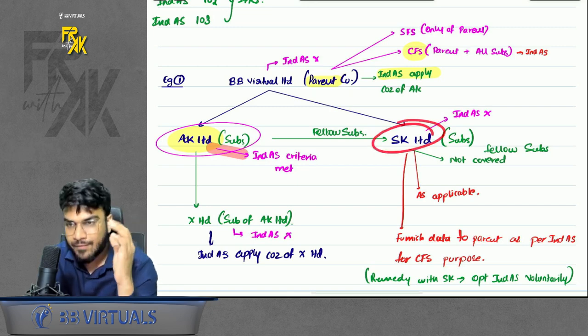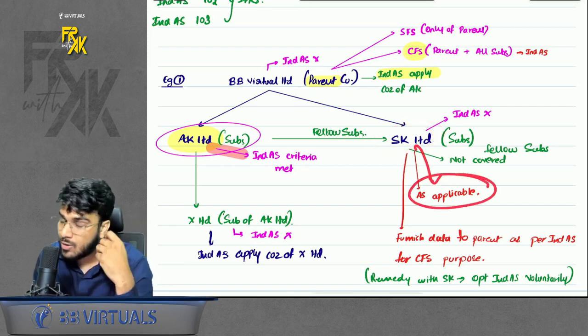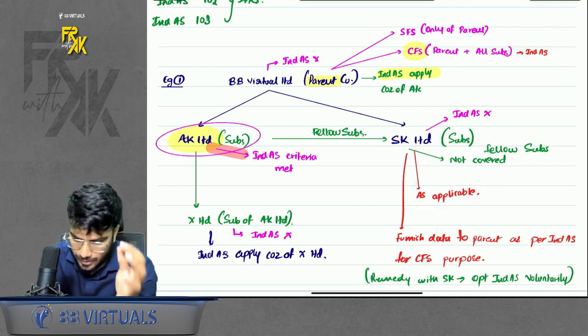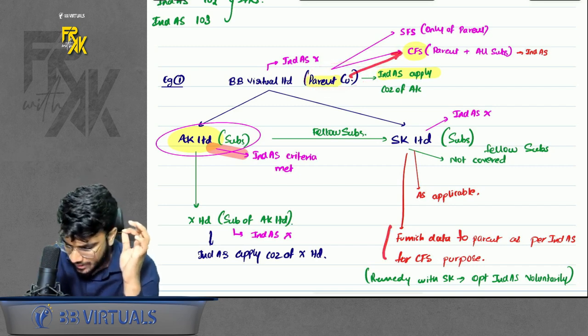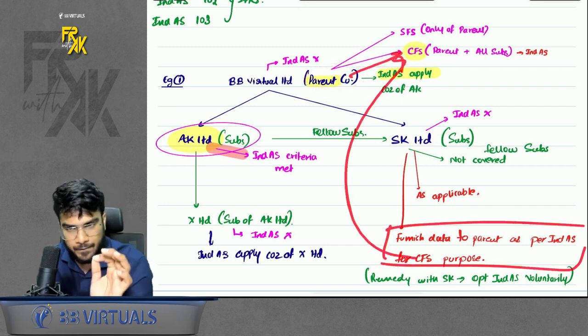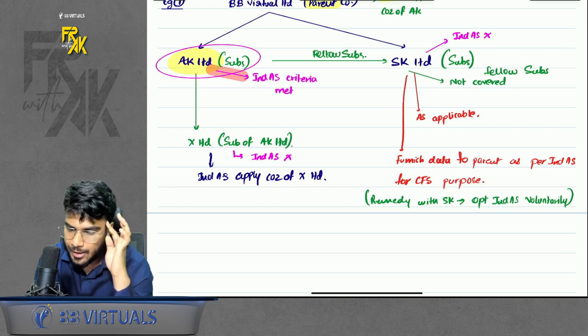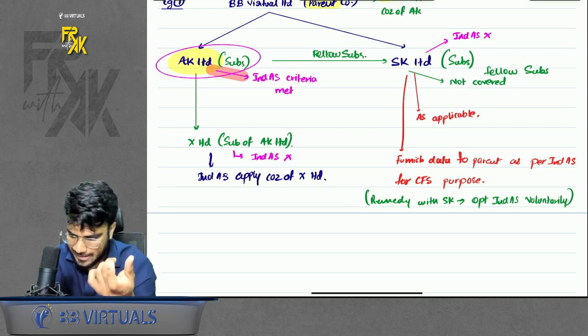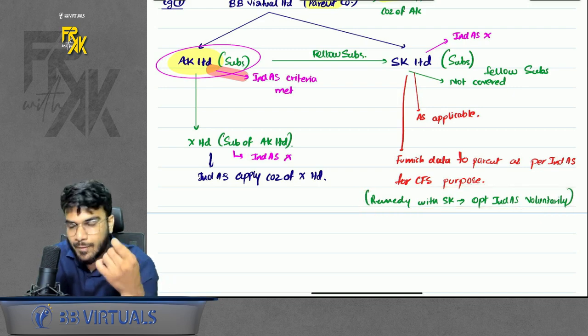That means SK will have to do double work. It will have to prepare its own financials as per AS because Ind AS is not applicable to SK. But for the purpose of the parent preparing CFS, it has to furnish data to the parent as per Ind AS as well. In such a case, SK will have one remedy also. Do you remember the remedy? SK can opt for Ind AS voluntarily. What will be the benefit of this?